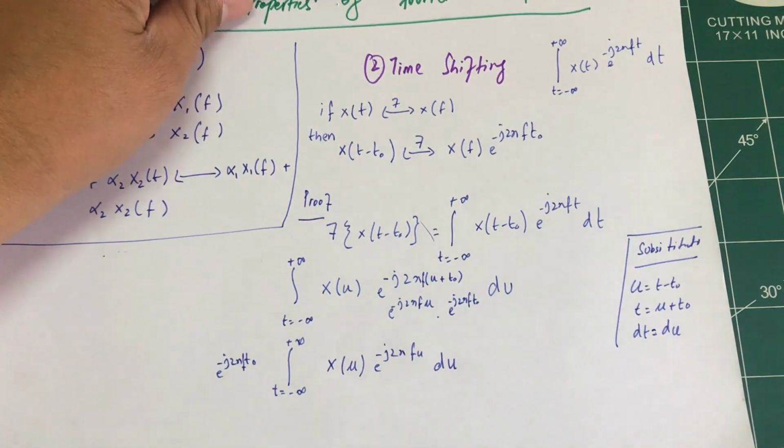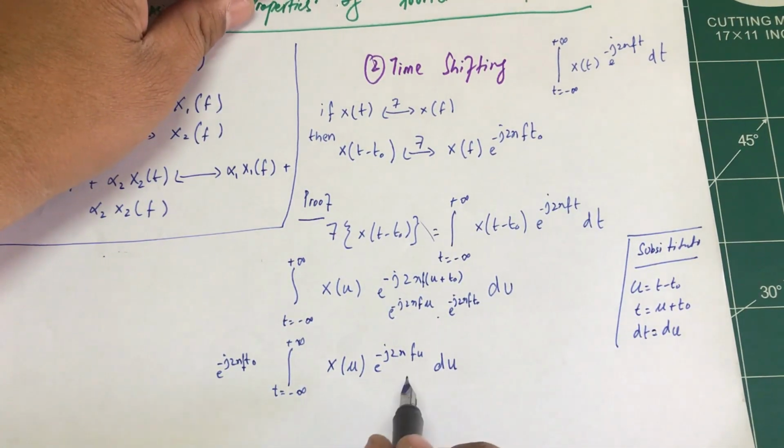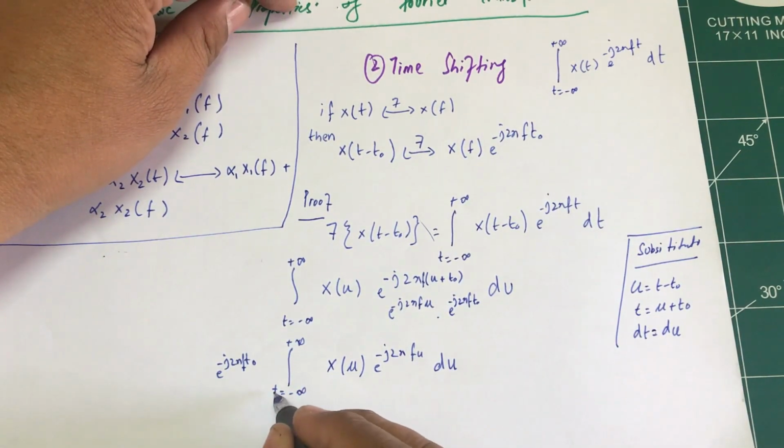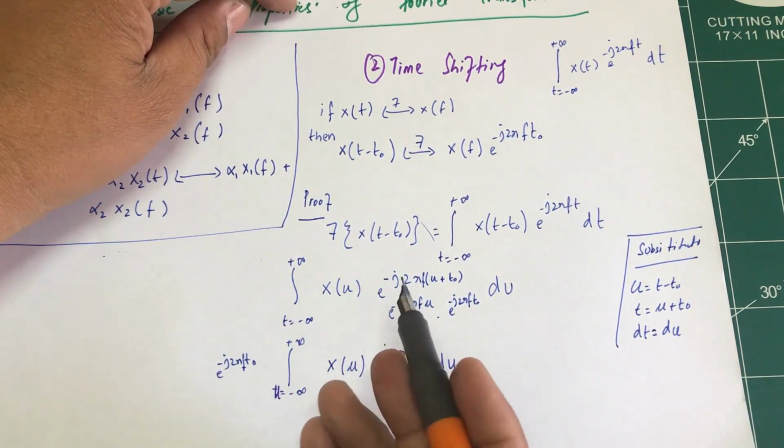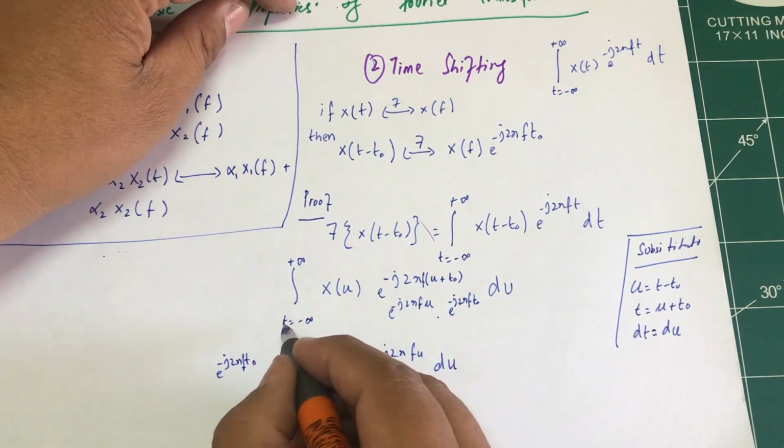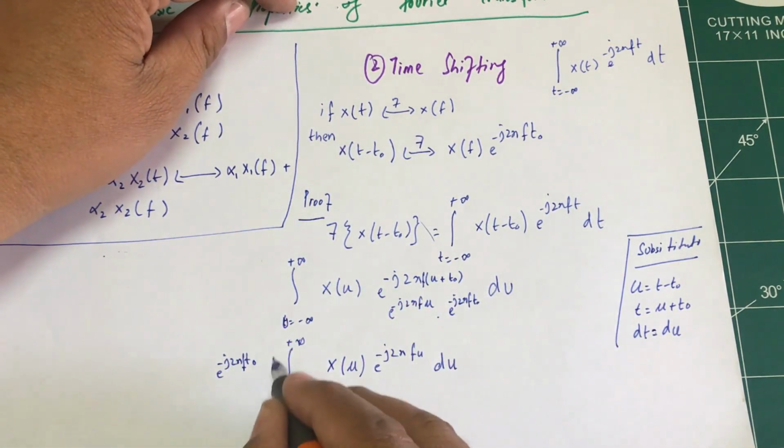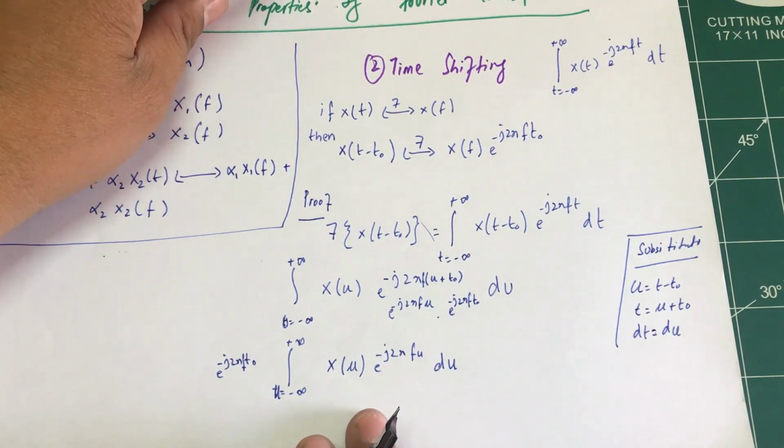Now it's simple. I'm sorry, I forgot to change the limits. Since t was going from negative infinity to positive infinity, u is also going from negative infinity to positive infinity. So now it's quite simple, isn't it?